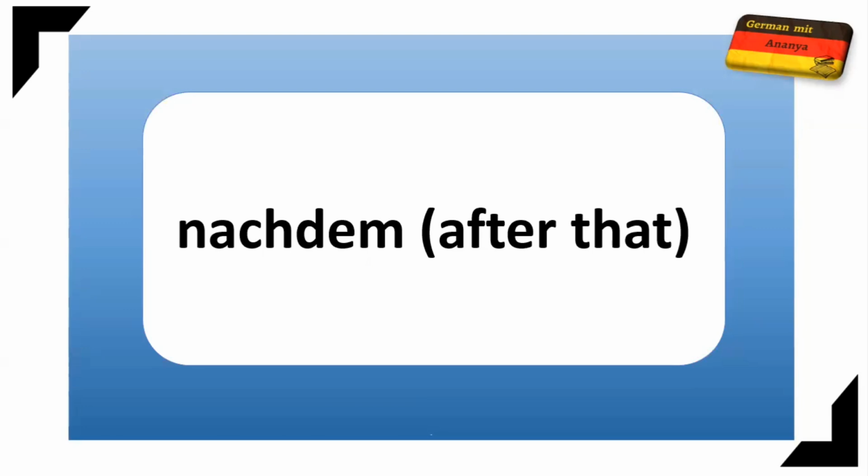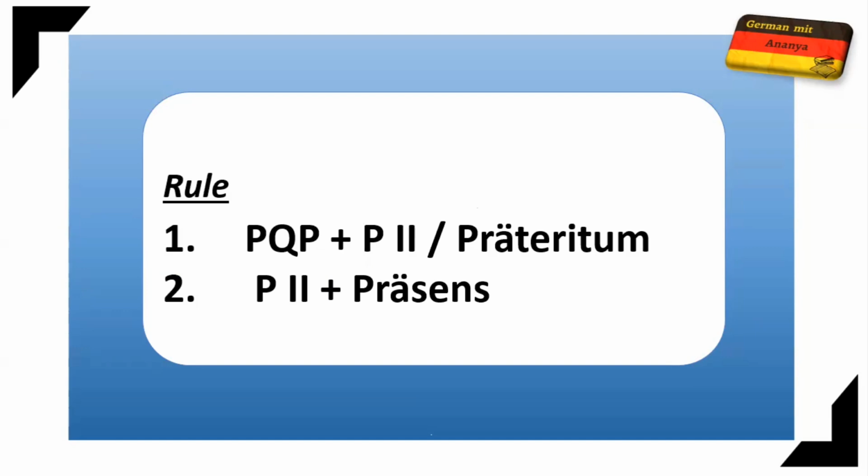Now, nachdem, which means after. For nachdem, there are specific rules, and you have to remember this. First one, if your first sentence is PQP, which means Plusquamperfekt, then in the second sentence you will use either Partizip zwei or the Präteritum. If you are using Partizip zwei in your first sentence, then definitely the second will be in present.